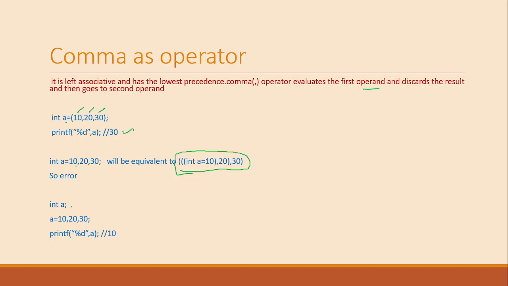Now when you come to int A equal to 10, 20, 30, since we are not using brackets here, the first value 10 will be assigned to A. So the difference between here and here is, if you are not using brackets along with initialization and declaration, then obviously it will result in an error. But here the declaration is in the first line and you are making the assignment on the second line. So this is accepted. So 10 will be assigned to A. So you will get a value of 10 in this case.